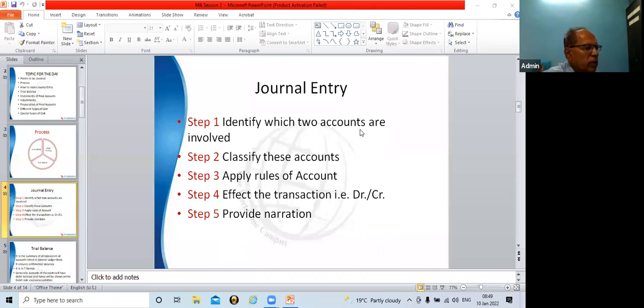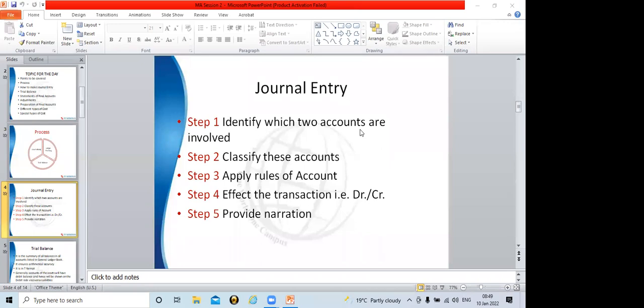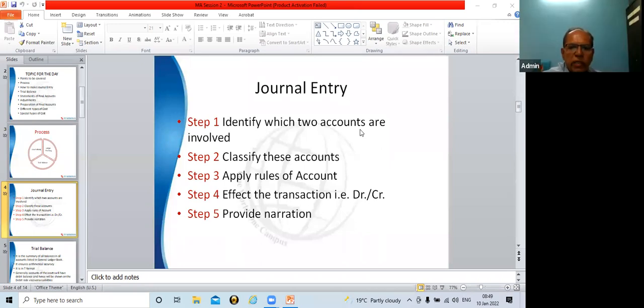Now in this given transaction, again we will follow the steps. Identify which two accounts are involved. Company has purchased goods worth rupees 7,000. So purchase of goods is one account, and cash is the second account.